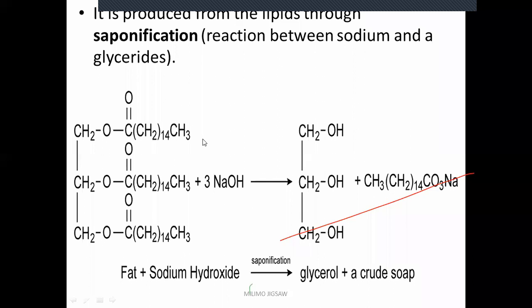Saturated fat acids will be solid at room temperature, while fats that contain unsaturated fat acids will be liquid at room temperature. We've described the structure of glycerol, and we've said that it is a polyalcohol. It contains 3 hydroxyl groups, and its chemical formula is C3H8O3, and then it is produced through the process of saponification.